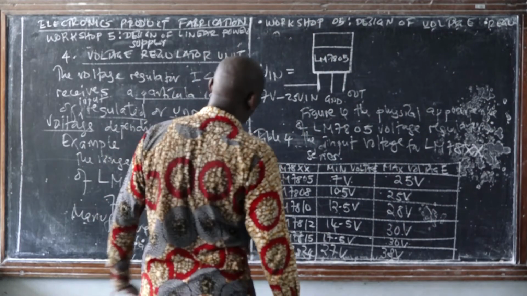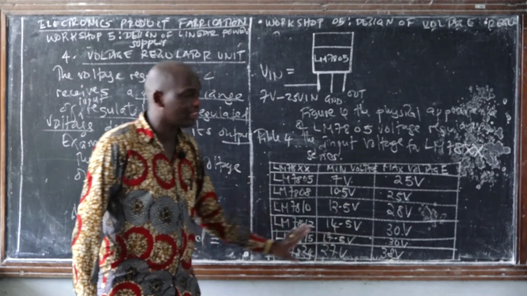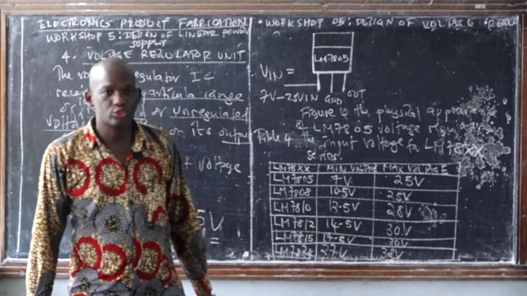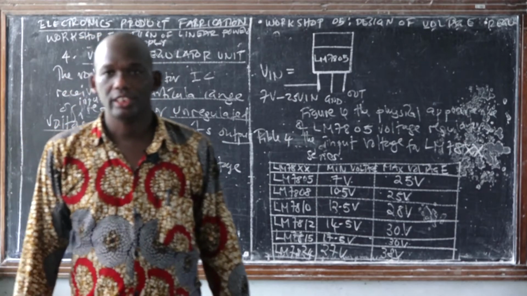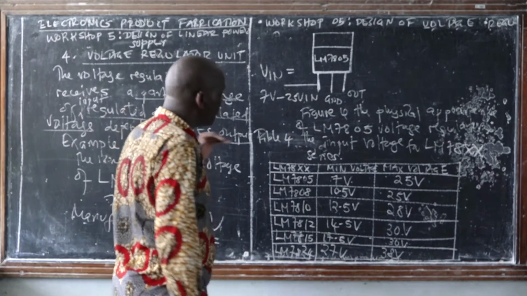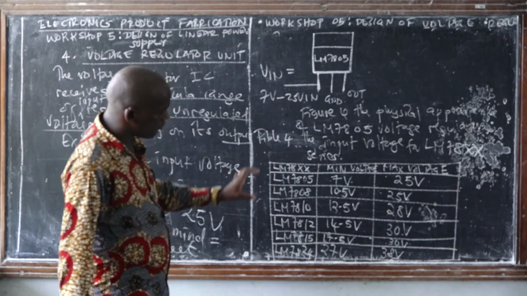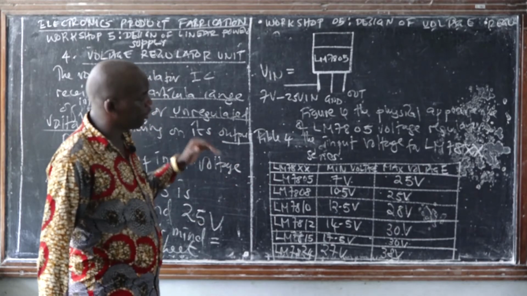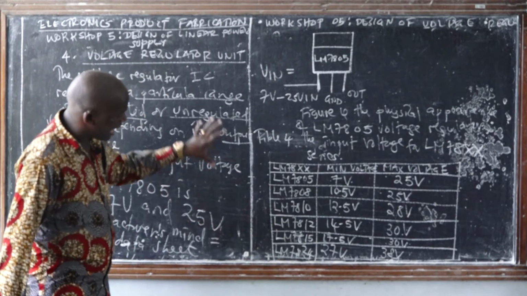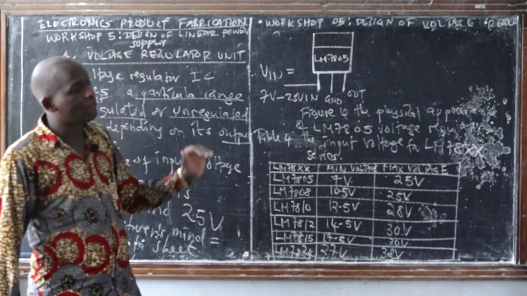So I've just found for you these minimum input voltages. Stop writing, stop drawing. Listen, I have found just the input voltage range for the 6 positive voltage regulators. So it's your responsibility to go and find the remaining.